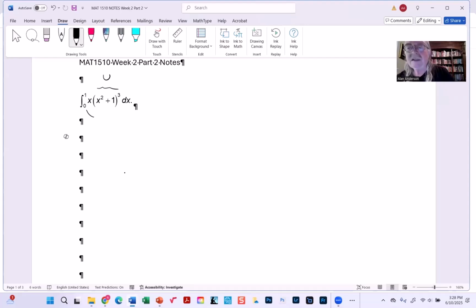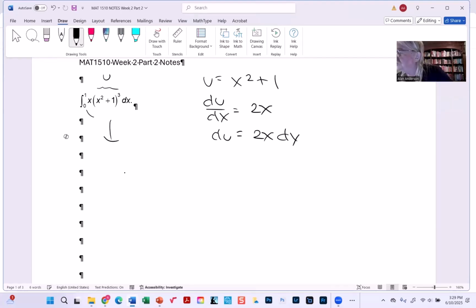So when we combine that with dx, we may have du. So let's find out. If we let u equal x squared plus 1, that means that du dx is 2x, or du equals 2x dx. So let's rewrite this a little bit.